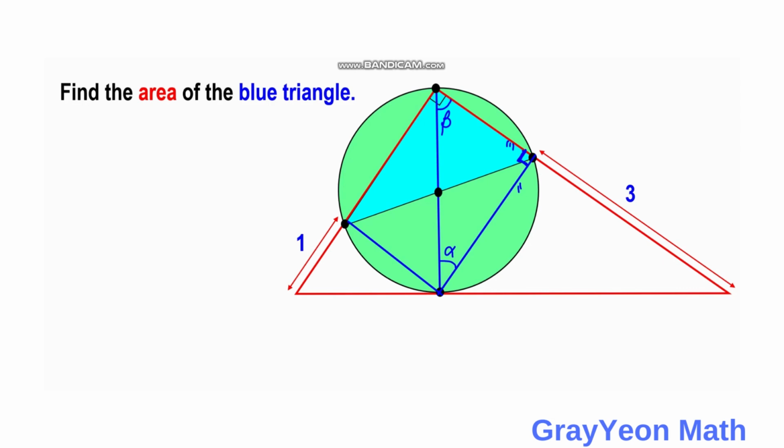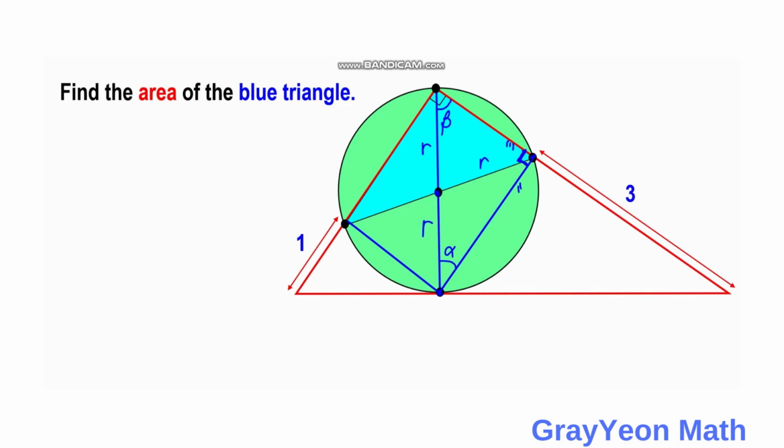We take note of this side as R, and this side is also the radius since this is from the center to a point on the circle, and this is also from the center to this point, also the radius.